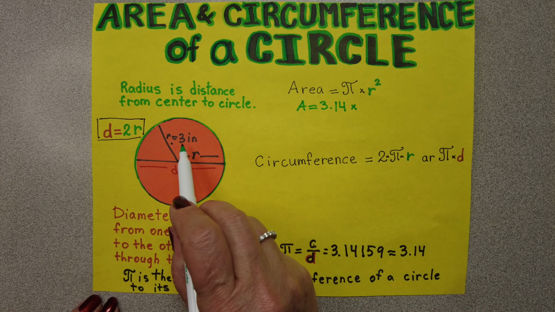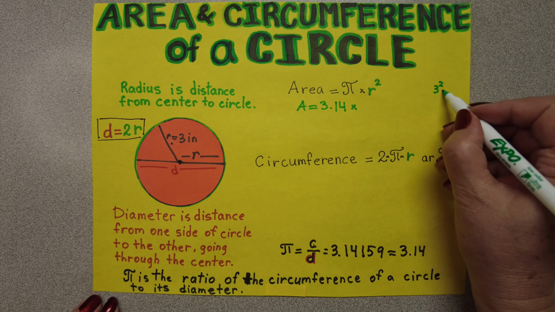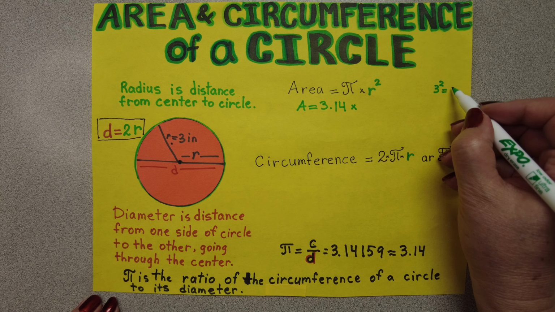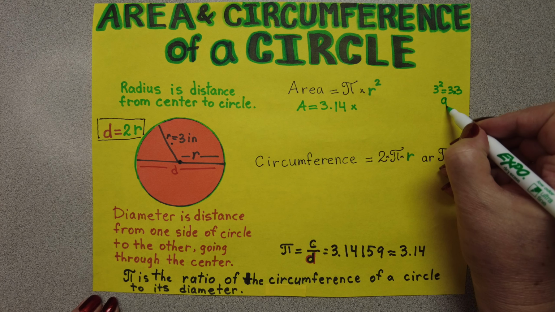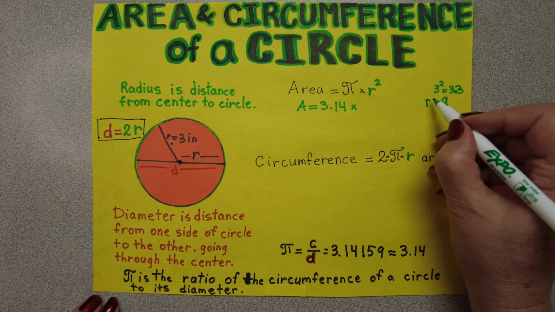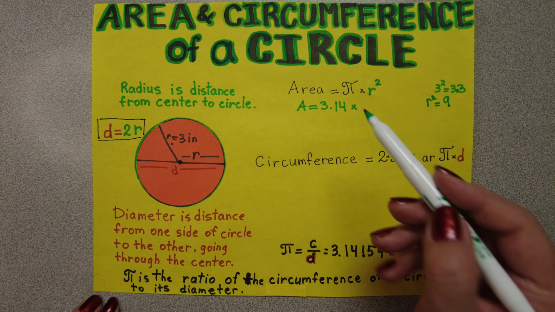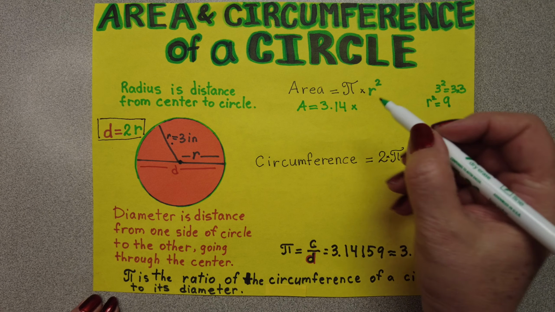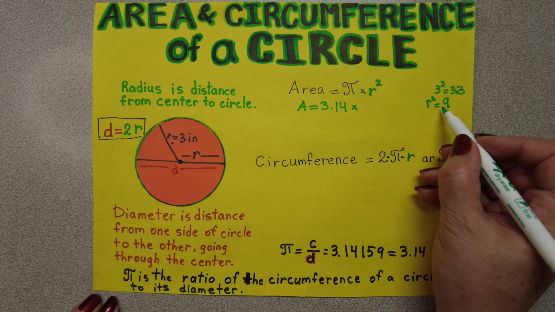So our r is 3. What is 3 squared? 3 squared equals 3 times 3, which is 9. So r squared equals 9. Now 3.14, and we already know r squared equals 9.